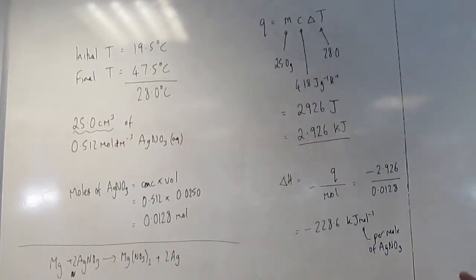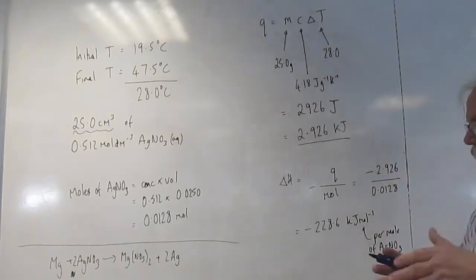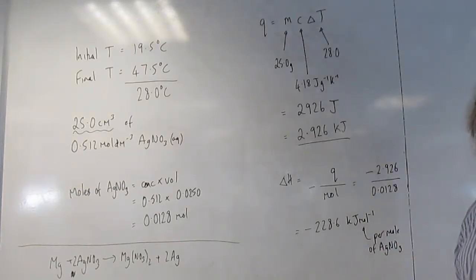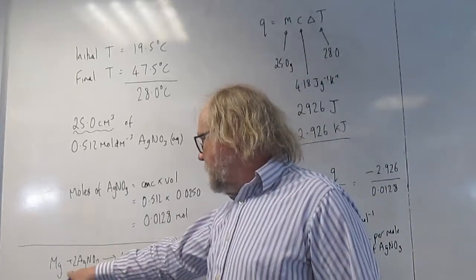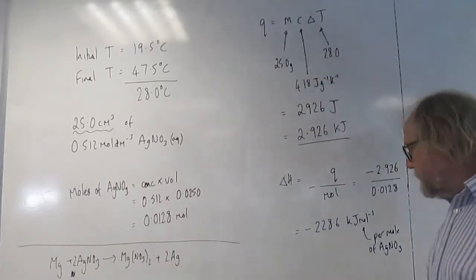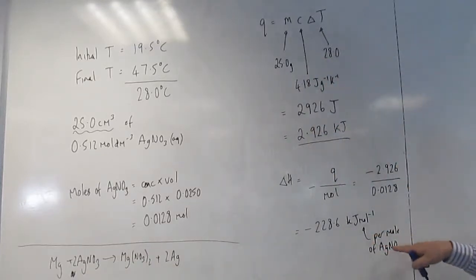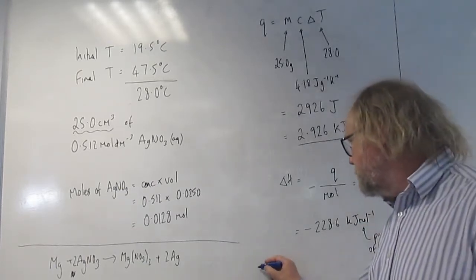Okay, because that means that delta H of reaction, which remember is defined as the enthalpy change when the number of moles shown in the equation react. So we need to know what would the enthalpy change be when 2 moles of silver nitrate react, and so far we've calculated it per mole. In other words, when 1 mole reacts, it will be that much. So we simply have to multiply that number by 2.